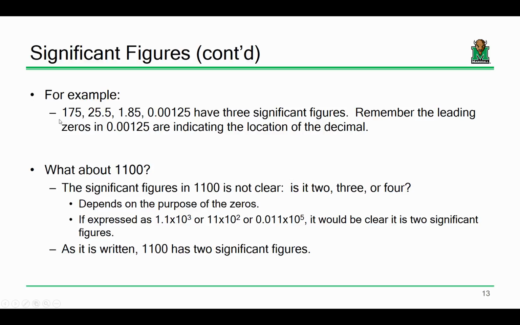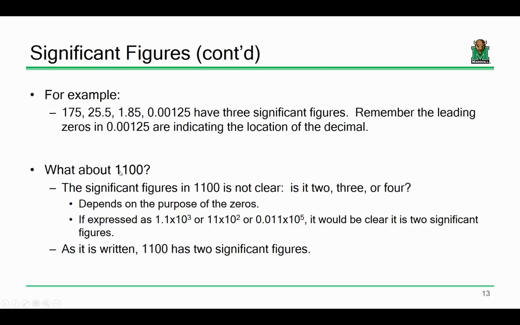Looking at this further, each of these number groups have 3 significant figures: 175, 25.5, 1.85. In each case, 0.00125, there are 3 significant figures. These extra zeros don't count because they have to be there in order for us to accurately represent the 125, but they don't actually contribute to any additional significant figures.